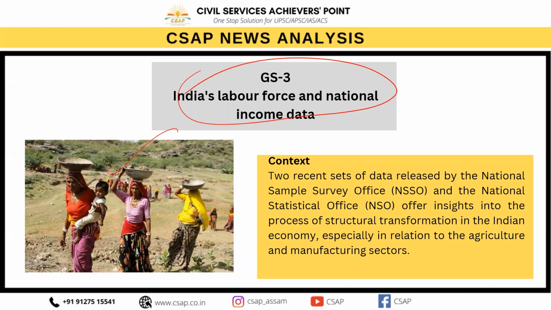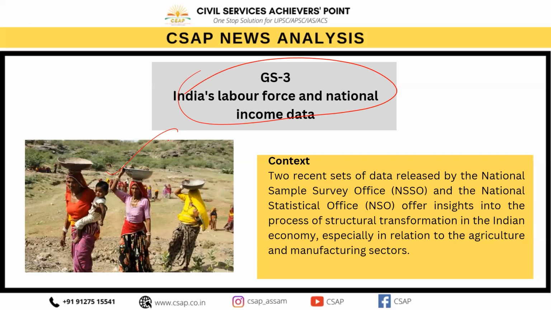Based on this data on the total workforce, compared to the manufacturing sector, the agriculture workforce fell from 64.6% in 93-94 to around 42.5% in 2018, and the biggest decline happened between 2004-5 and 2011-12.